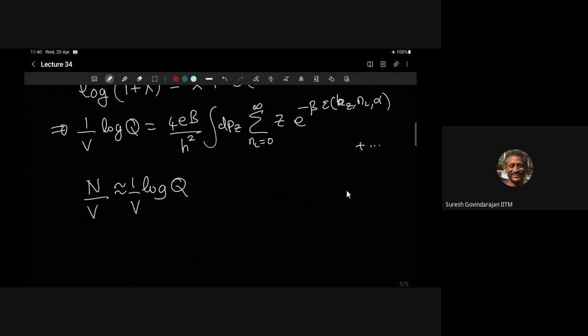So now we can see, right? You can look here. These are very simple sums to do.